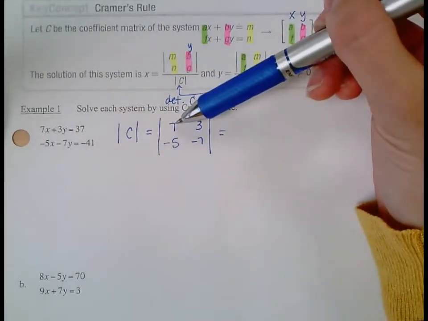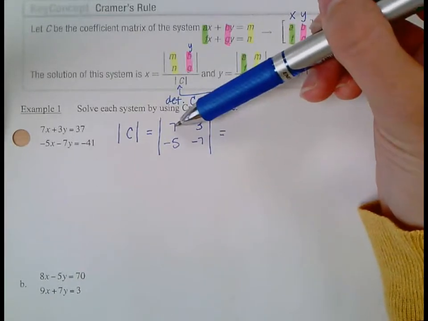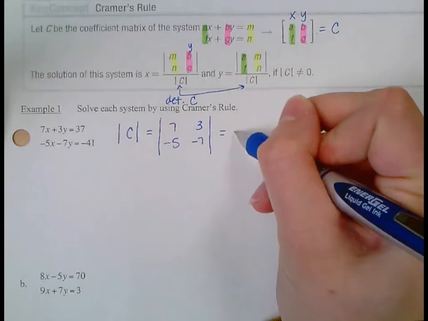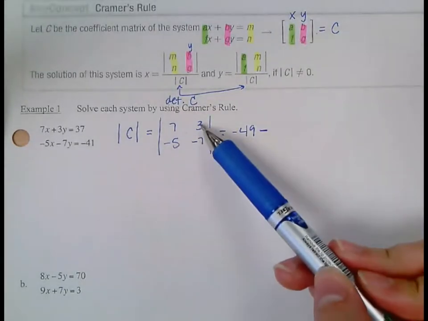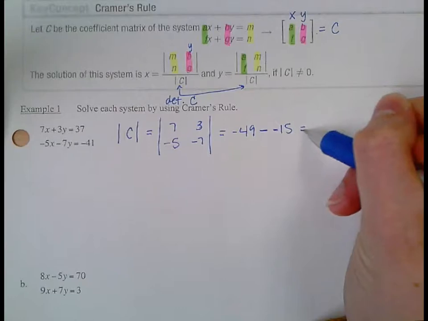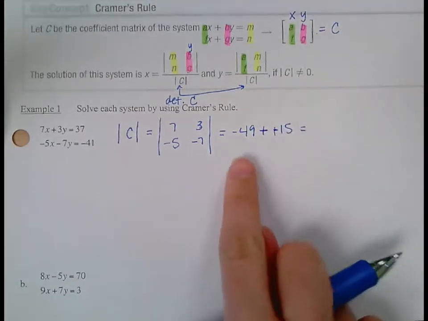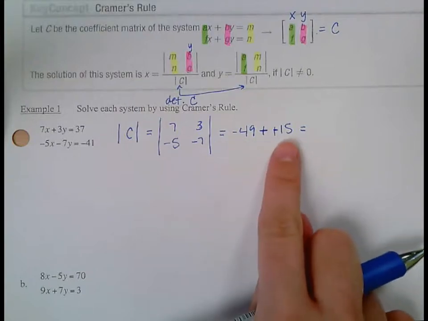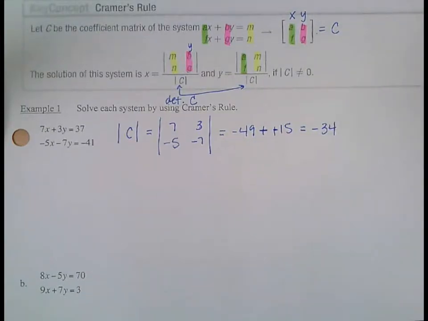So you find your first diagonal product where you're starting in the upper left and going down to the right. So 7 times negative 7 is negative 49. And then minus your second diagonal product would be 3 times negative 5, so negative 15. And if I subtract negative 15, I'm really adding it. So I have negative 49 plus 15, which is negative 34.